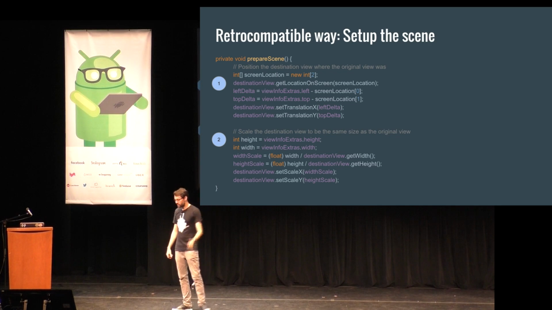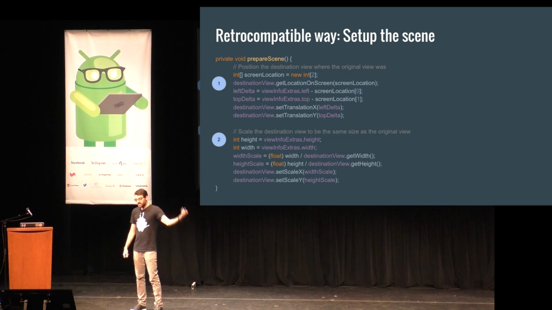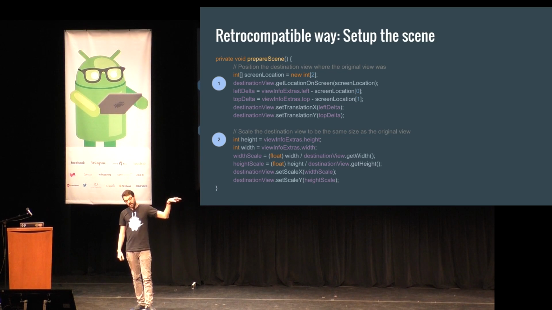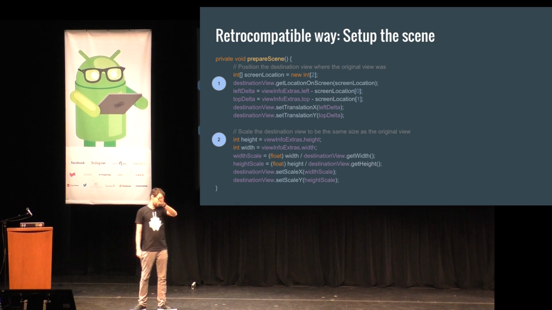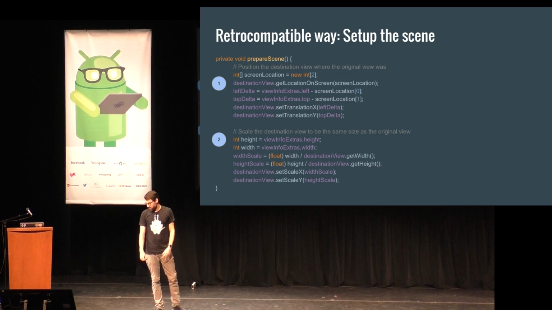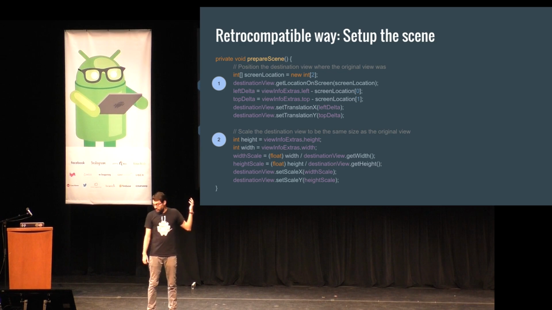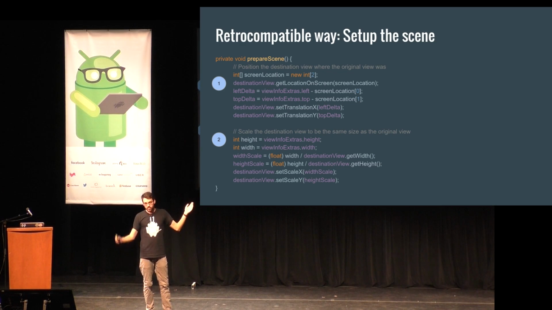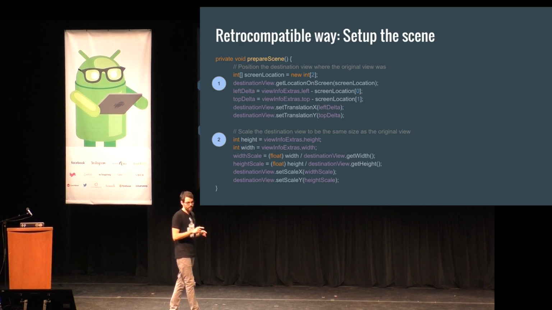So here's my view info extras. And set that as a translation X and Y of the new view, the final view, called destination view here. And I do the same thing for the width and height, just so that my final view has the same position and the same size as the original view.